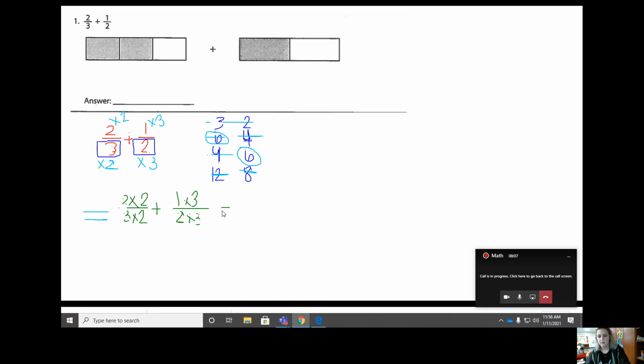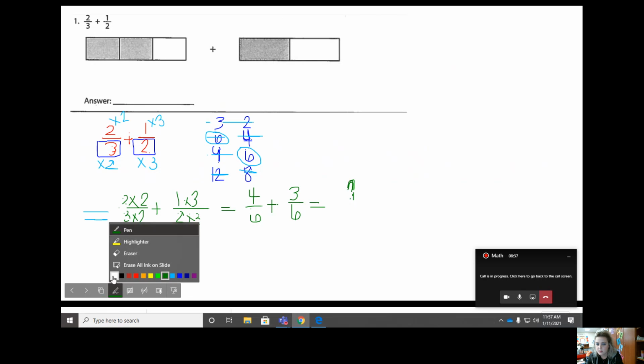All right, so let's put these together now. 2 times 2 is 4. 3 times 2 is our common denominator of 6 plus 3 times 1 is 3 and 2 times 3 is 6. So we would get 7. Oh, that is the worst looking 7 I have ever seen.